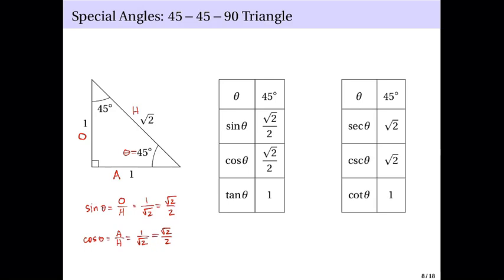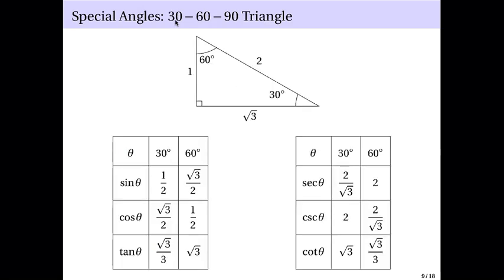For the next special triangle, we have the 30, 60, 90 triangle: 30 degrees, 60 degrees, 90 degrees. Here we have 30 degrees, here we have 60 degrees, and of course this is still your 90 degrees.